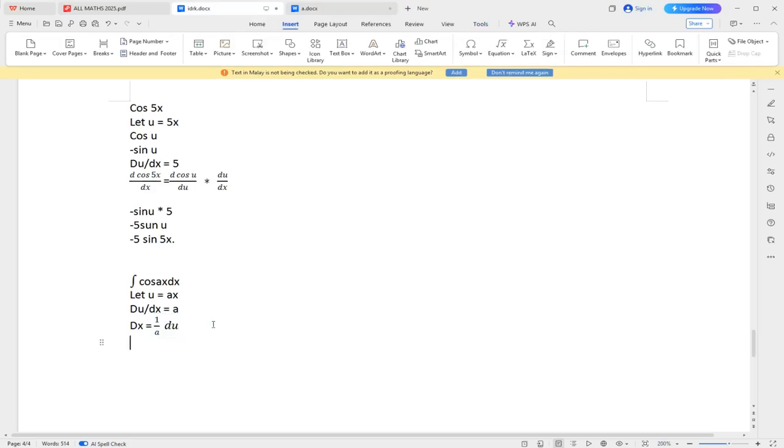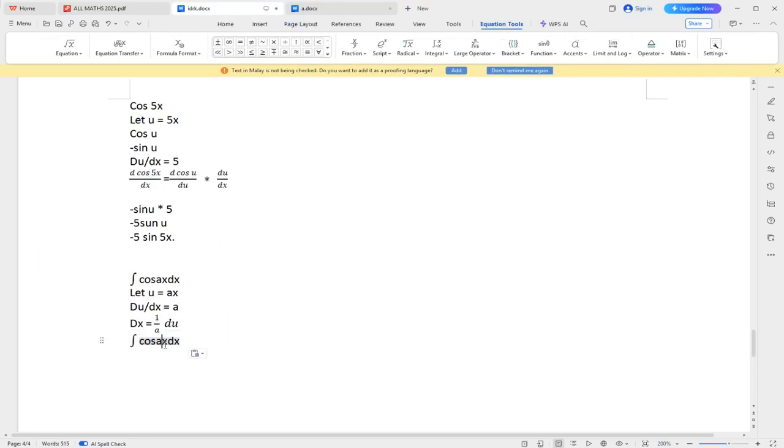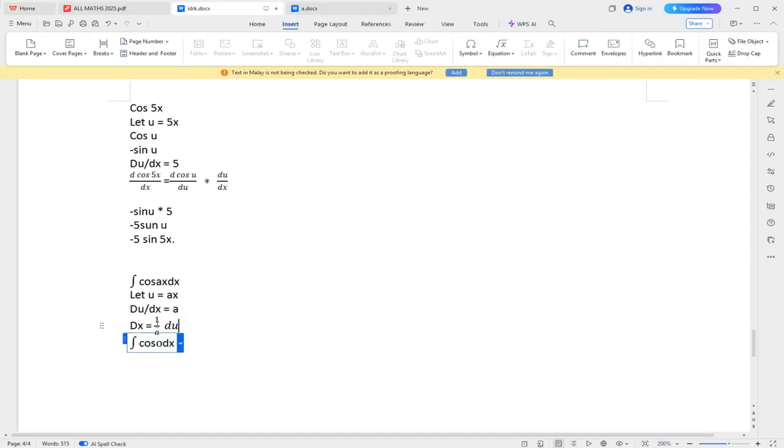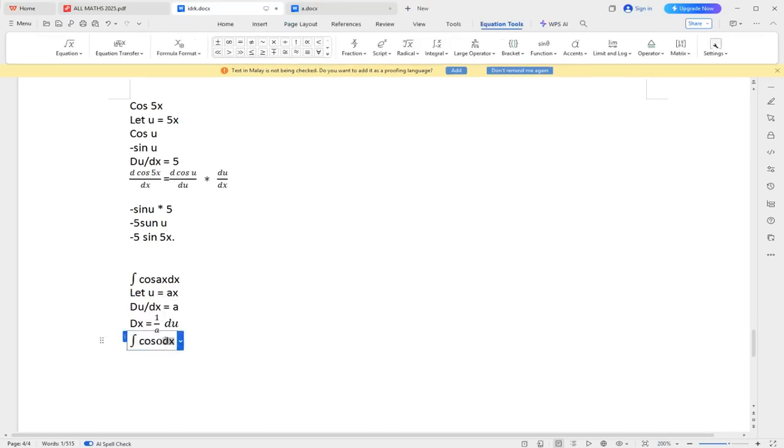Now we proceed with the integral of cos ax dx. We have that ax is equal to u, so this is going to be equal to the integral of cos u dx, and our dx as you had here was 1 on a du, so this is equal to cos u times 1 on a du.